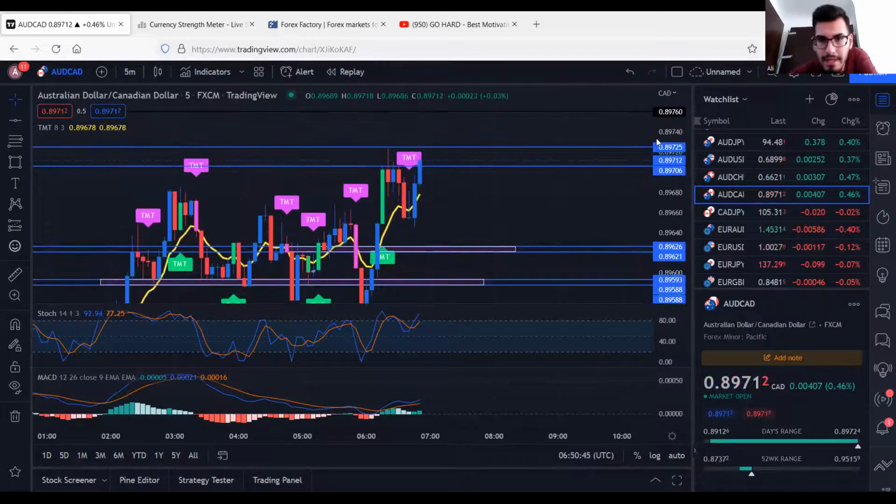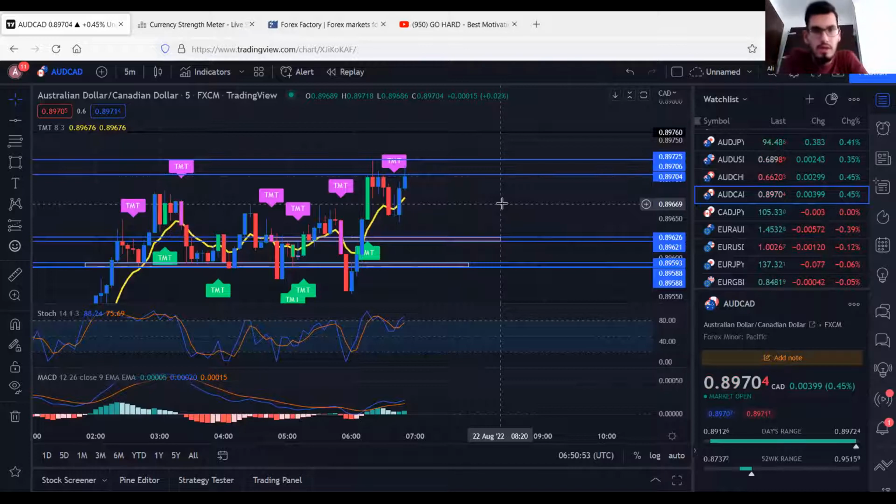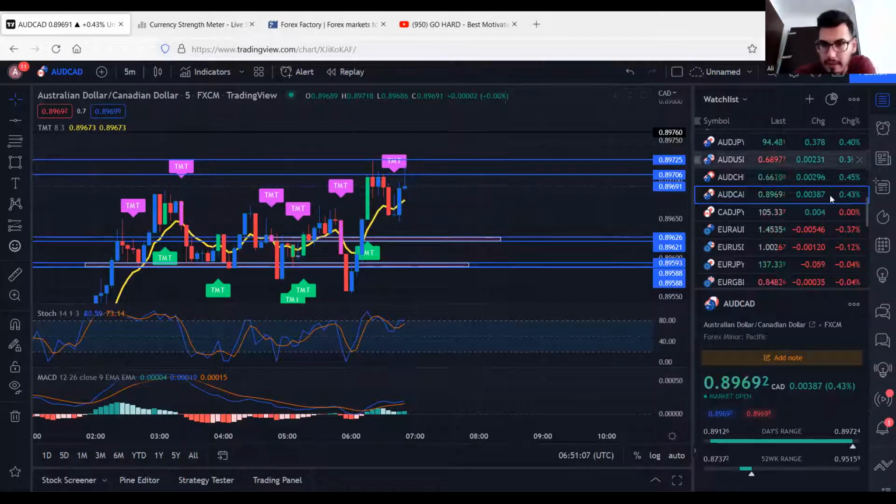The area is 706 up to 725. So this area is good as well for a sell position, because AUD/CAD is a bullish market.